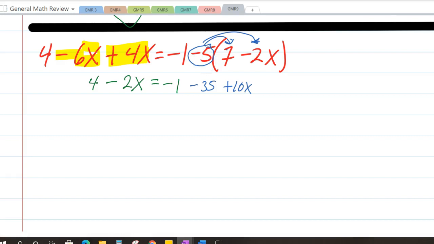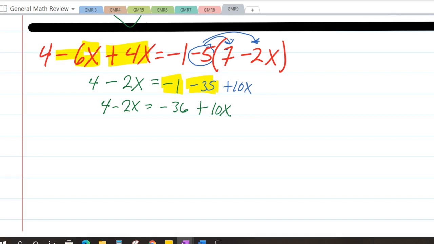Now we look for more like terms to combine. I have a negative 1 and a negative 35. I'm going to combine those right now in this step. The left-hand side hasn't changed yet. Negative 2x is equal to negative 1 minus 35 gives me a negative 36 plus 10x. As we said in the last problem, we always want to try to keep the x's positive.